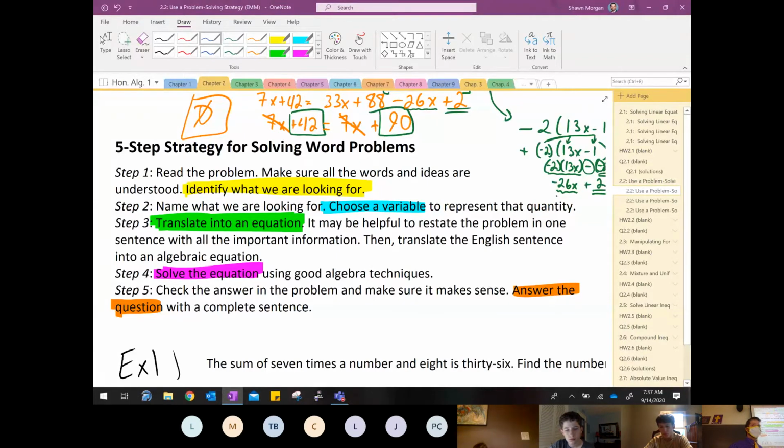Let's say that A is the amount of time it takes Alex to paint the fence, and J is the amount of time it takes Jack, and I ask how long it takes Jack, and you tell me A equals 5 hours. You have not answered the question. You might have solved the equation, but then you didn't go back and do step 5, which is to answer the question. You say, oh, well, if A equals 5, then J equals 4, or whatever.